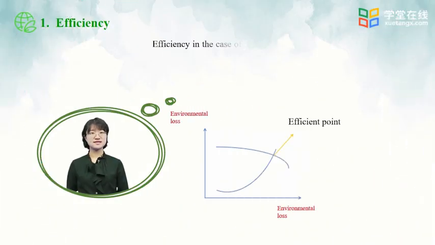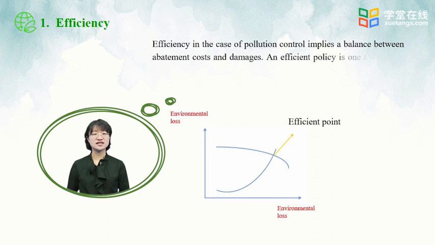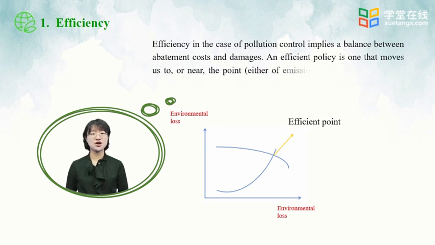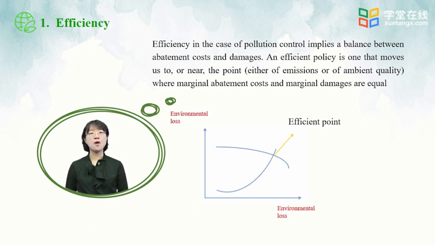The first assessment standard is efficiency. Actually, the governance efficiency of an environmental policy shares basically the same meaning as efficiency in microeconomics. Let's review the concept of optimal in microeconomics.